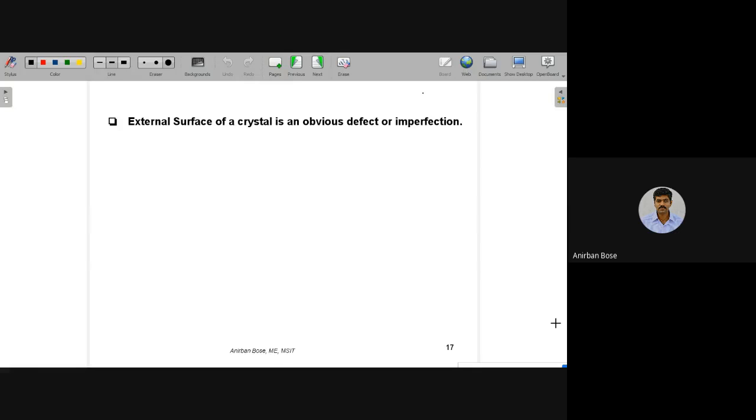So if you consider this is a body, and this is one of the atoms, in an ideal crystal structure each atom has identical surroundings.